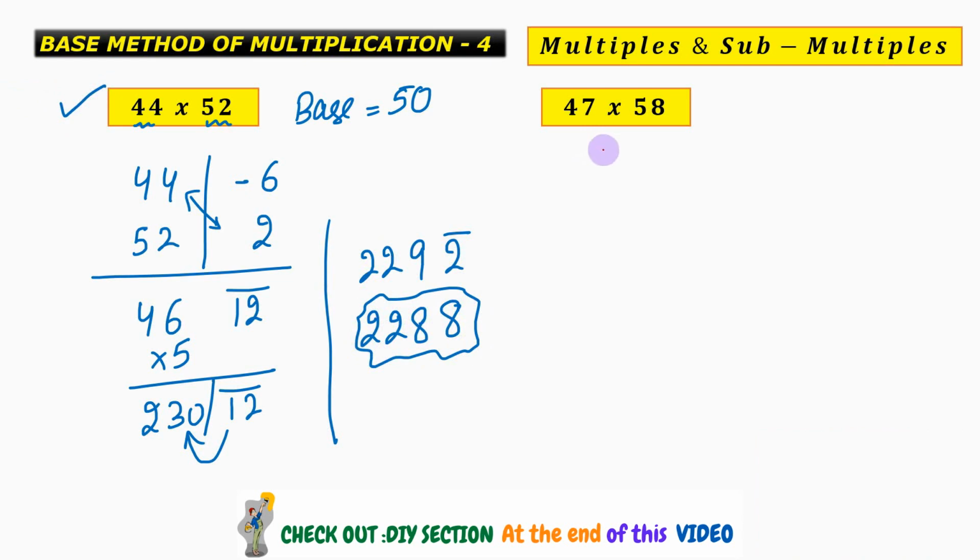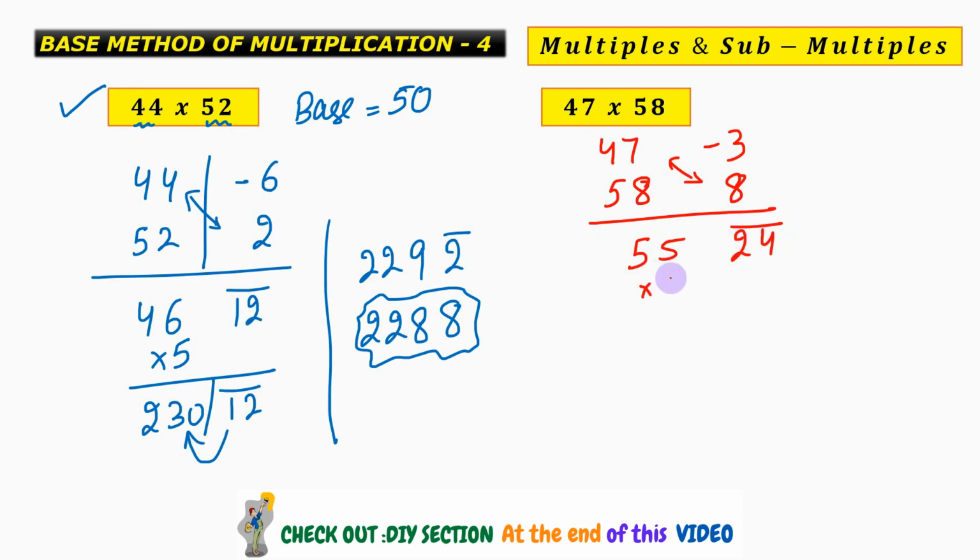Now for the last question, again the base is equal to 50. So 47 minus 3, 58 plus 8, then you add these two numbers, so we get 55, and then minus 3 into 8 is equal to 24 bar. So 55 into 5 is equal to 275, but then again you write 2 bar, 4 bar.